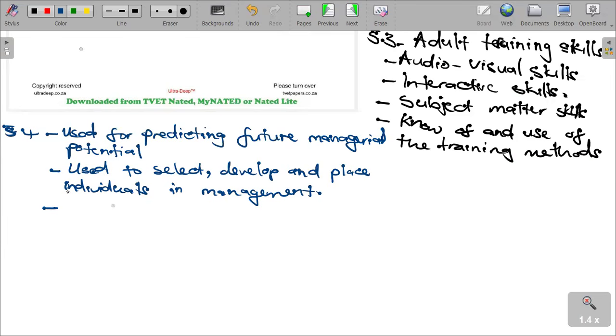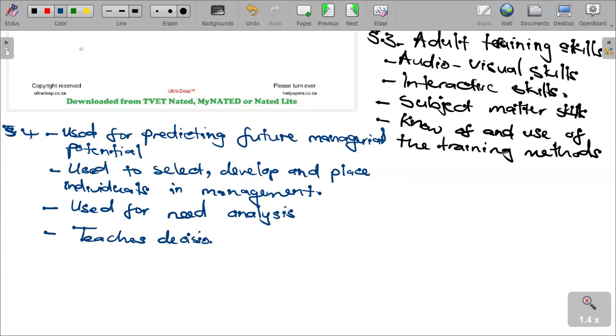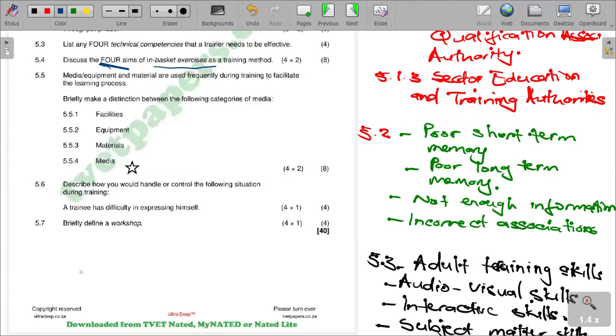And also, it is used for needs analysis, whereby we are identifying which are the needs of individuals for training. And also, it teaches decision-making skills. Right.